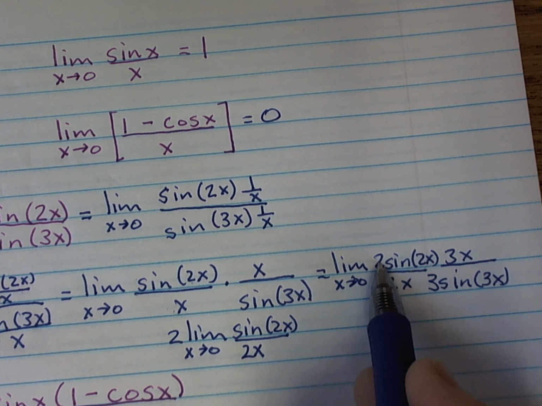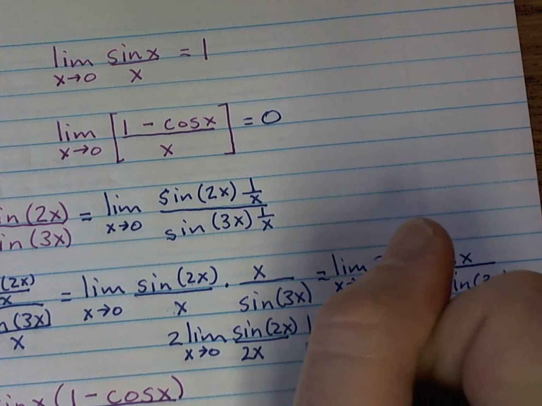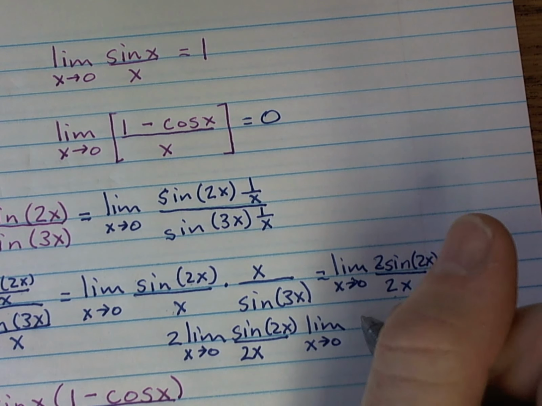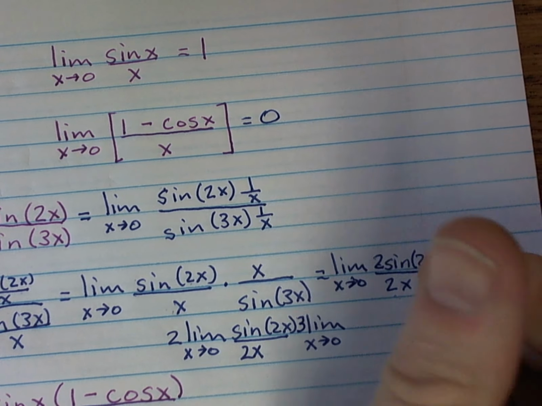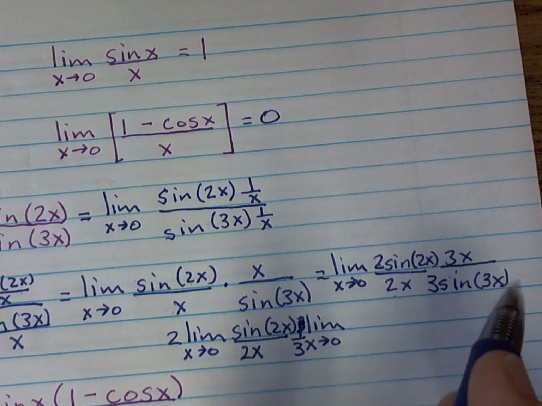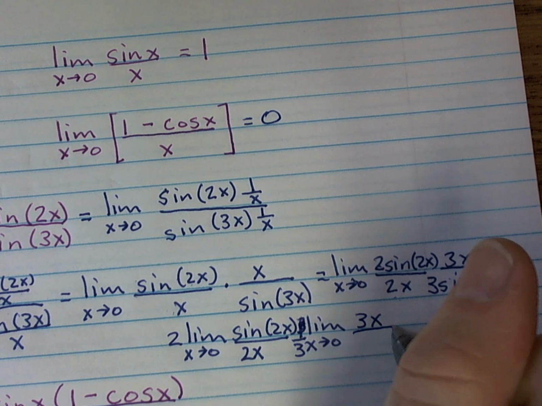See, I just factored out this 2. And then times, let me go ahead and give it its own limit, it deserves its own limit over here. Not a 3 on the front, a 1/3 up front. So I just took this 1/3, and now I've got 3x over sine 3x.